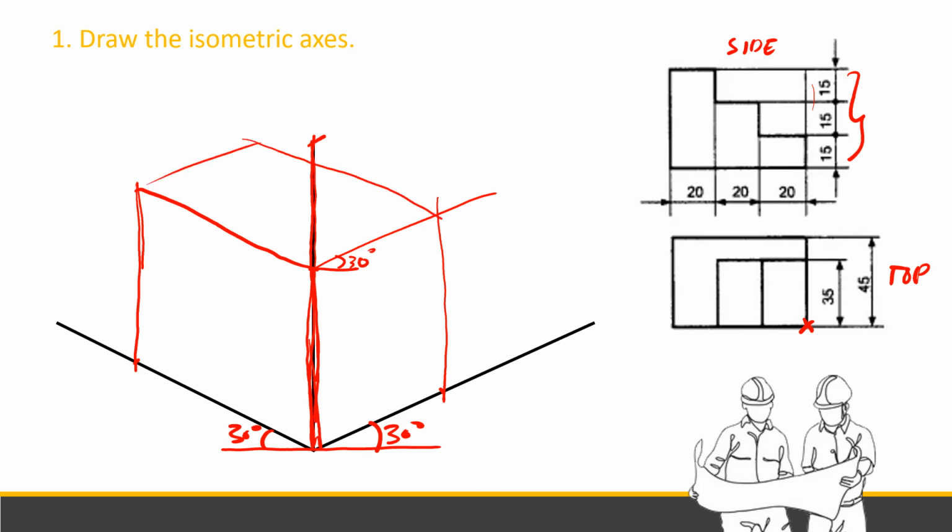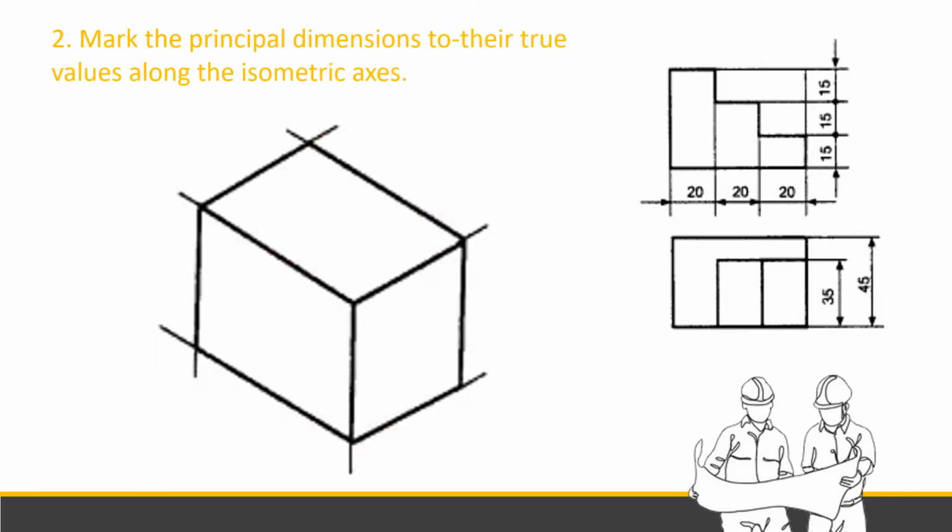So dito ka magsisimula ng isometric box. You will mark the principal dimensions, so the height, the width, and the length to their true values along the isometric axis. So yung ginawa natin kanina. So you will now have your isometric box.